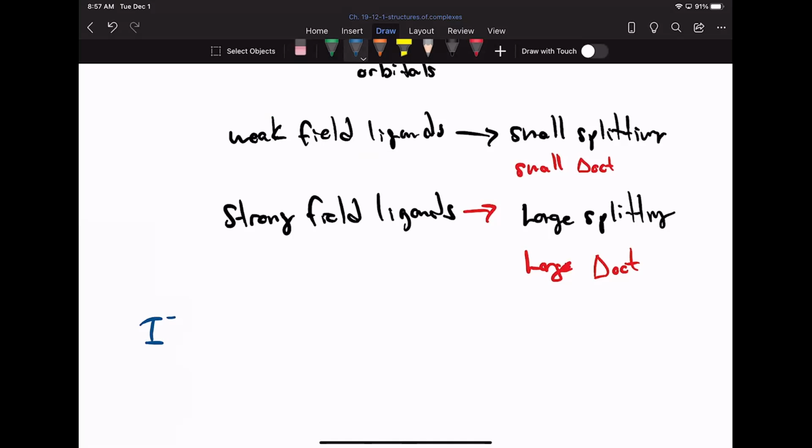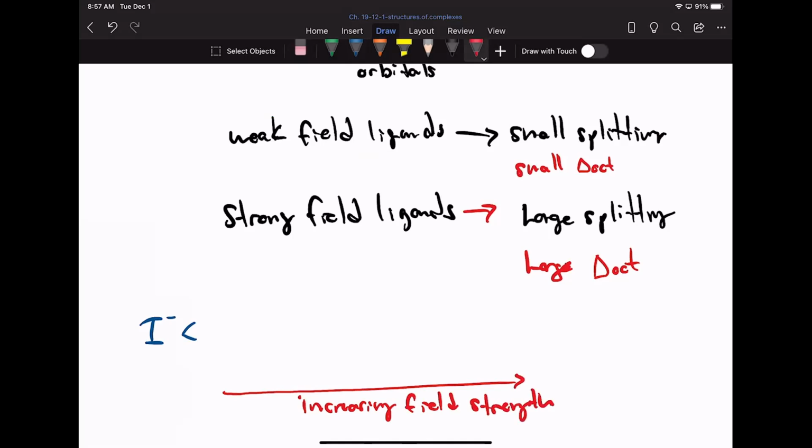We'll go in the direction of increasing field strength. Iodine is the weakest, then Br minus, then Cl minus, and then F minus. Then some neutral ones, we've got water here.